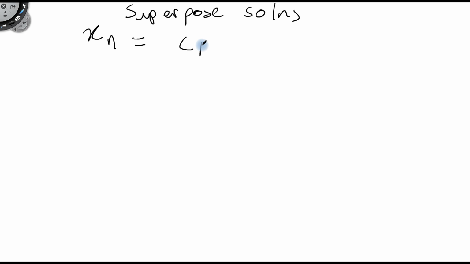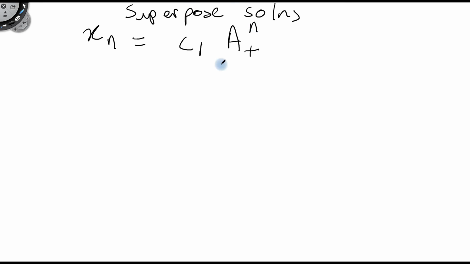So the last stage to do this is to combine our plus and our minus solution into a solution for all n. So it turns out that we can superpose solutions, and so that means x at any step n is some constant set by initial conditions, your a plus solution to the power of n.